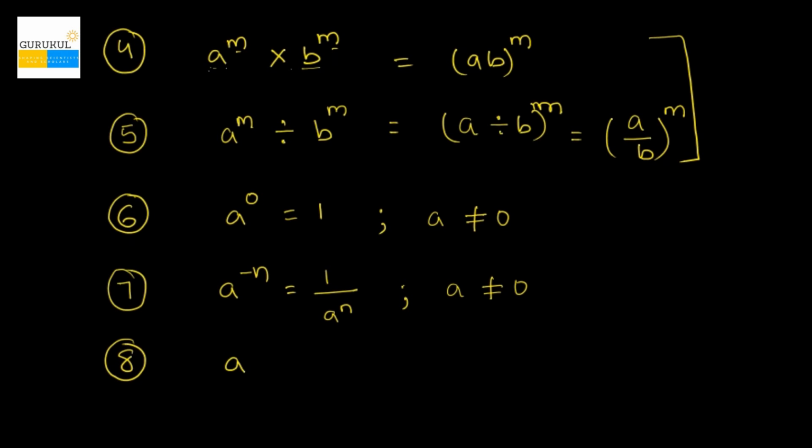There are two more laws. If I have a raised to the power 1 by n, this can be written as the nth root of a. Here the condition is that a should not be negative.